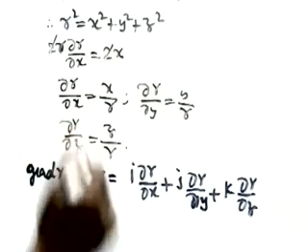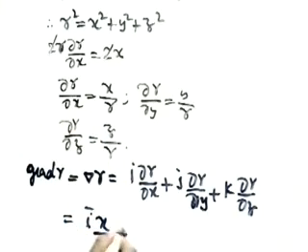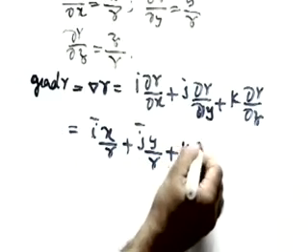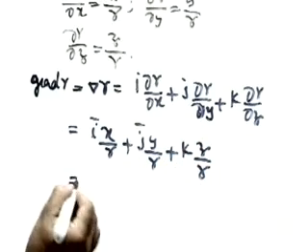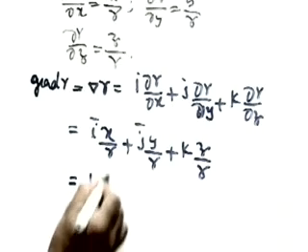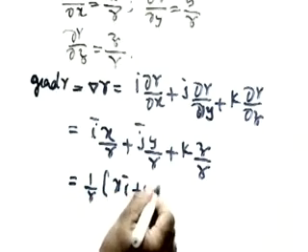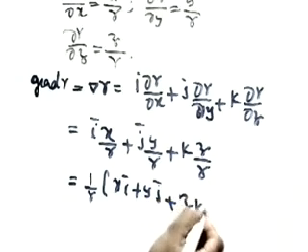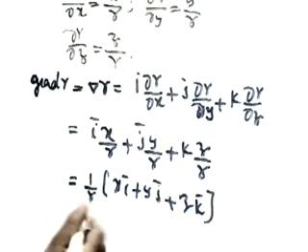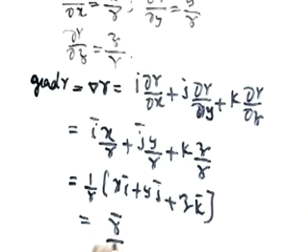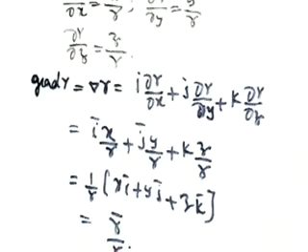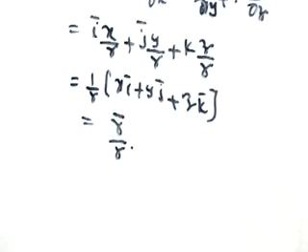See here, i into dou r by dou x, we have x by r, plus j into y by r, plus k into z by r. So you take 1 by r common from all this. What is left here? xi vector plus yj vector plus zk vector. This is nothing but vector r, so we got vector r by r.